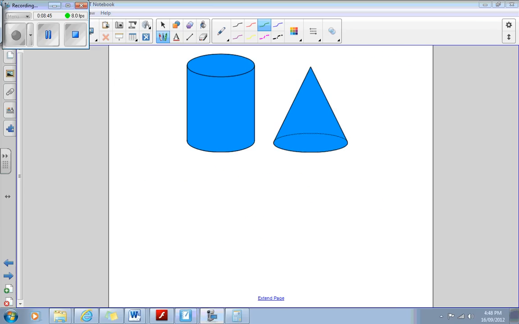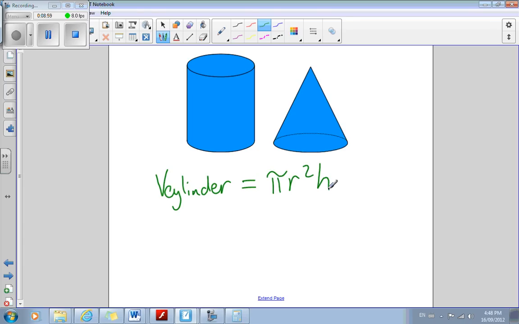Okay, so using the same type of thinking here, we know the volume of a cylinder equals pi r squared h. Now it takes 3 of these cones that have the same area base and the same height as the cylinder to fill one of those cylinders.